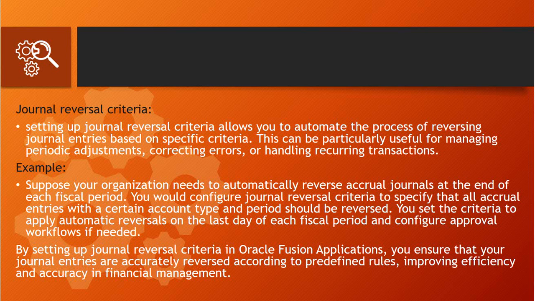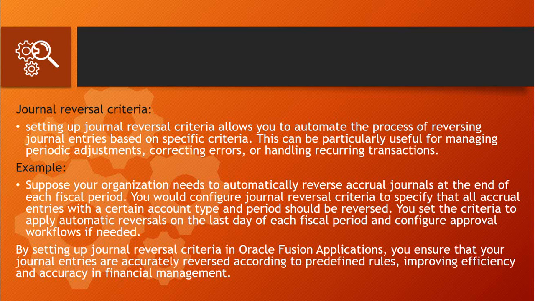Example: suppose your organization needs to automatically reverse accrual journals at the end of each fiscal period. You would configure journal reversal criteria to specify that all accrual entries with a certain account type and period should be reversed.